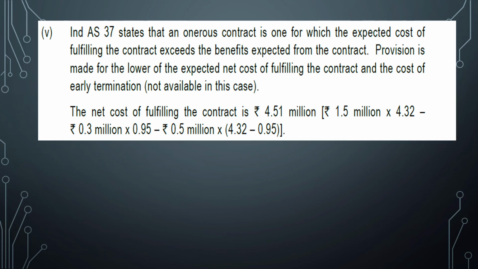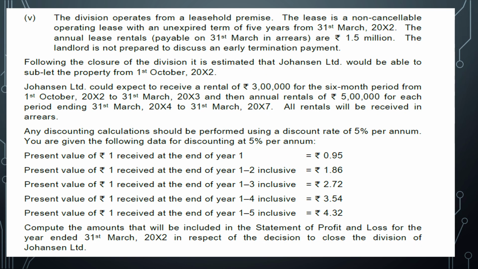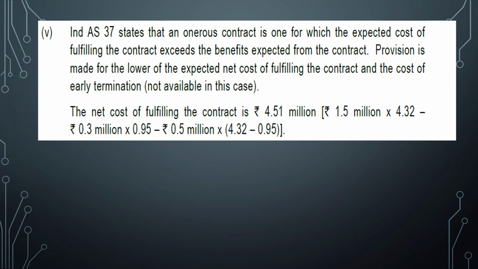In this case, the net cost of fulfilling the contract is 1.5 into 4.32 minus 0.3 into 0.95 minus 0.5 into 4.32 into 0.95, that is the PV factor at 5%, which is given. PV factor 1 is at the end of 1 to 5 years, the cumulative PV factor is 4.32. If you do that, you will get the answer as rupees 4.51 million.